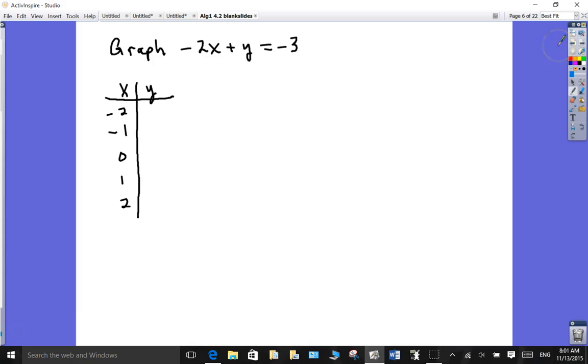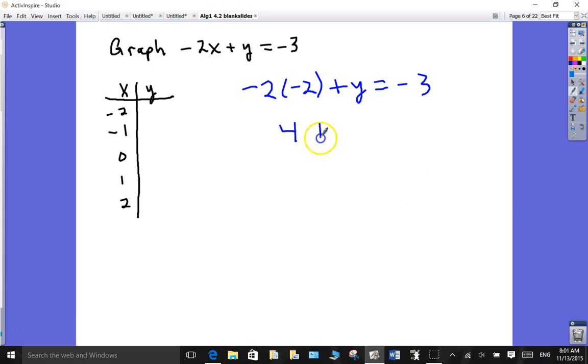So, graph. Now, you can see I started a table of values here, and I chose -2 to 2. I think in the book, in their example, they chose -2 to 2. Now, let's say that I need to find the y value that goes with x equals -2. Then I'm going to come over here and say -2 times -2 plus y equals -3.